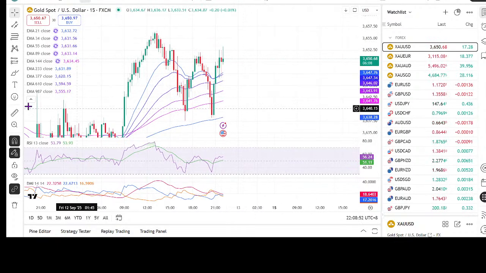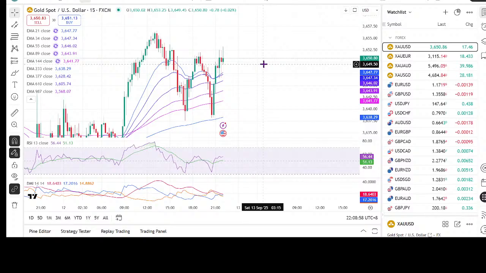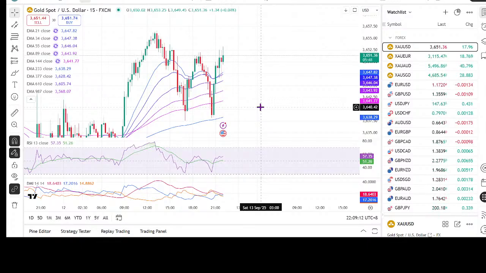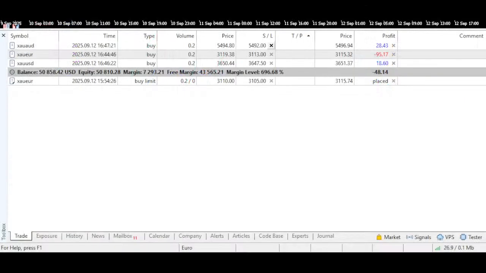So I was expecting the break to happen, so I went to add on, but the moment I realized this has got no strength to move up, I decided to just close. Let's wait for this. We still have 3 trades. We are not out of the game yet. If the market really drops, we don't lose much.